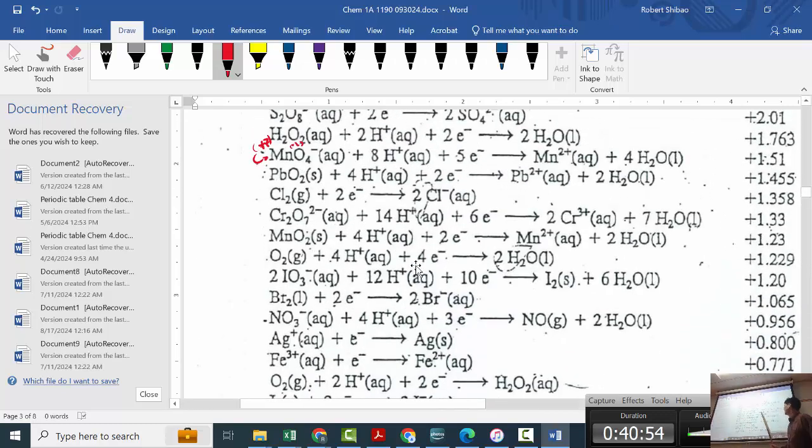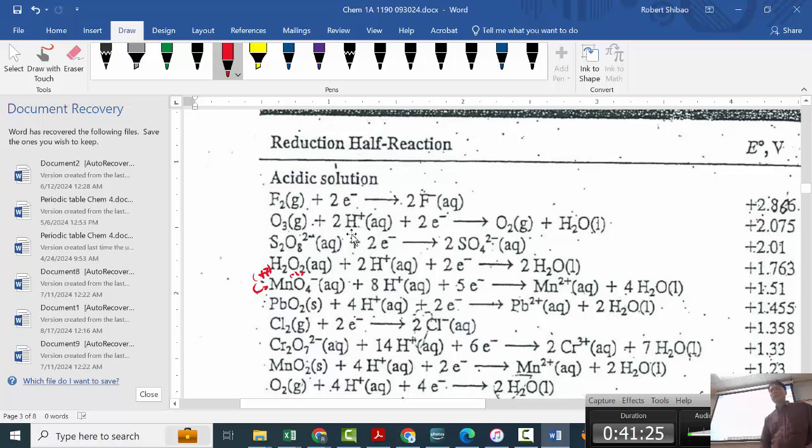Nitric oxide can go to nitrate, giving up 3 electrons here. Bromide. And it's getting increasingly difficult to take electrons from these. Iodine, water. Water is pretty hard to take electrons from. Manganese 2 to manganese 4, chromium 3 to chromium 6, chloride, lead 2. The hardest to take the electrons from would be fluoride here.